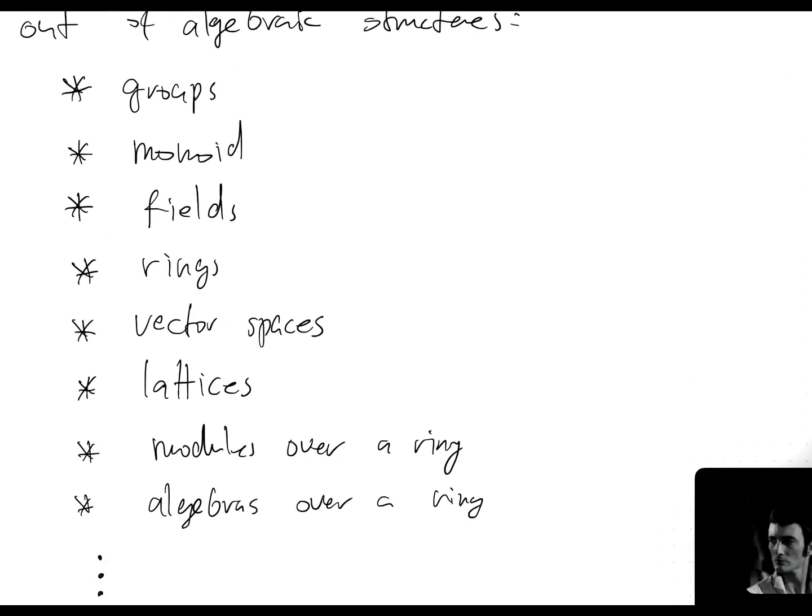What are these operations? In the case of groups, we've got a set X, and it has a binary operation of multiplication. So it's a map from X cross X to X. Now, we could also include in the data the identity elements in a group and the inverse elements, but we don't have to because they're always unique when they exist.